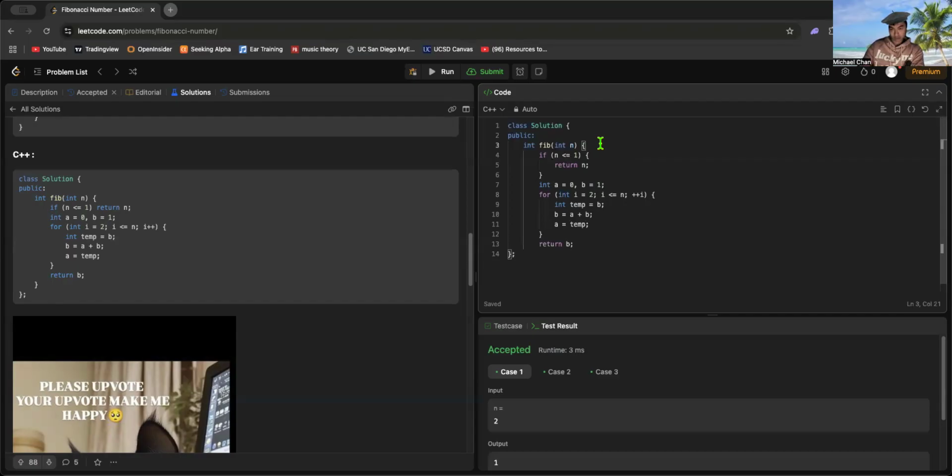Okay, let's say if n equals 5, right? So we hop in here, and then for i equals 2, i smaller than 5, so temporary would be b. b would be 0 plus 1, and then a would be the second number that it adds, right?